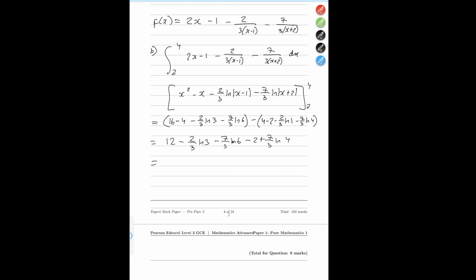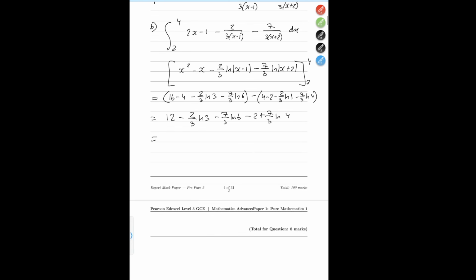So I can kind of spot already that we're going to have to put it in terms of ln of 2 and ln of 3. So it's best to put it in as simplified as possible. So let's do 12 minus 2, so we get 10 minus 2 over 3 ln of 3. Now, here's where we're going to split and get the ln 2 and 3. So I'm going to split ln of 6 into ln 2 plus ln 3. So we're allowed to do that because the base is the same.